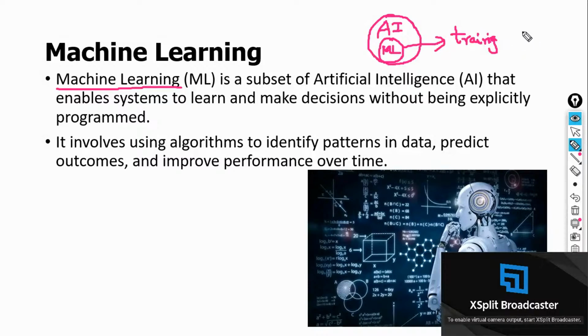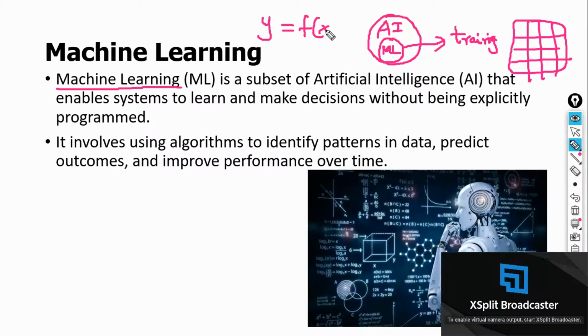In the back end, what exactly happens is it tries to capture the patterns available in the data. Using that y equals f of x equation, it tries to understand the hidden pattern available in the data.